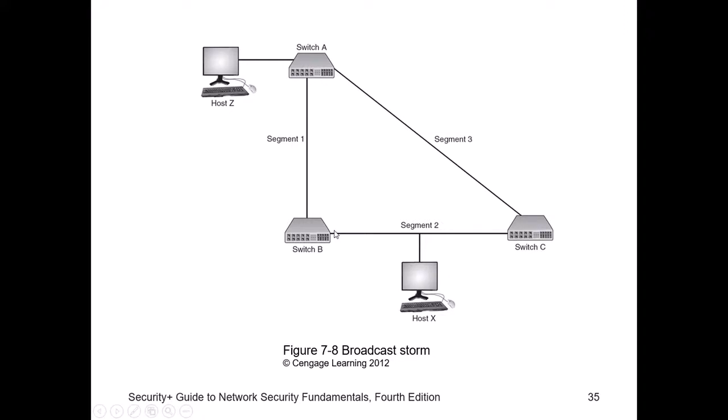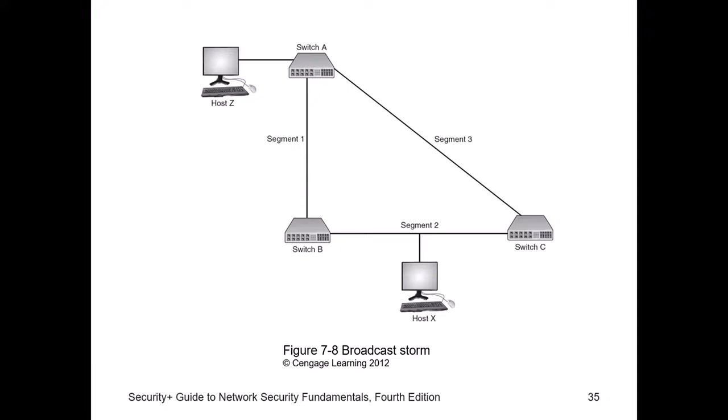So what you want to do is run STP. This is the spanning tree protocol. Please write that down. The spanning tree protocol prevents frame looping and prevents broadcast storms at layer 2.